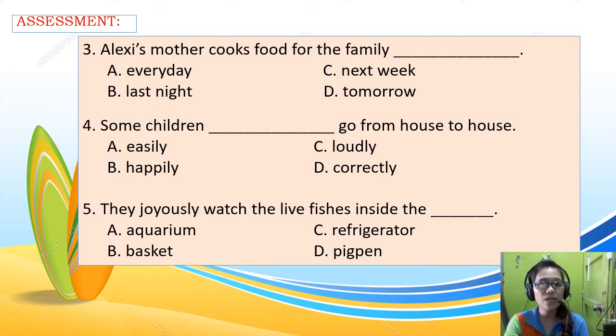They joyously watch the 5 fishes inside the blank. A. Aquarium. B. Basket. C. Refrigerator. Or D. Pig pen. What's your answer? It must be letter A. Aquarium. Very good.